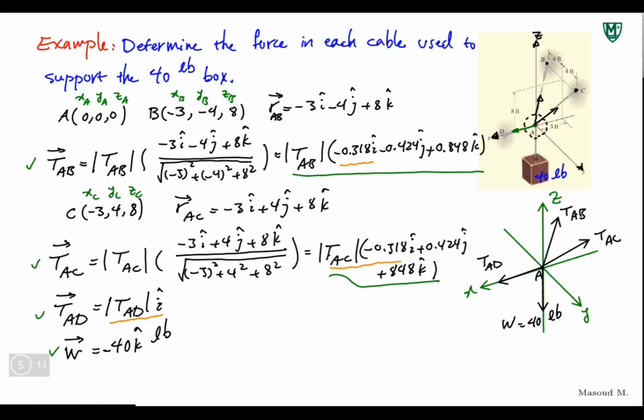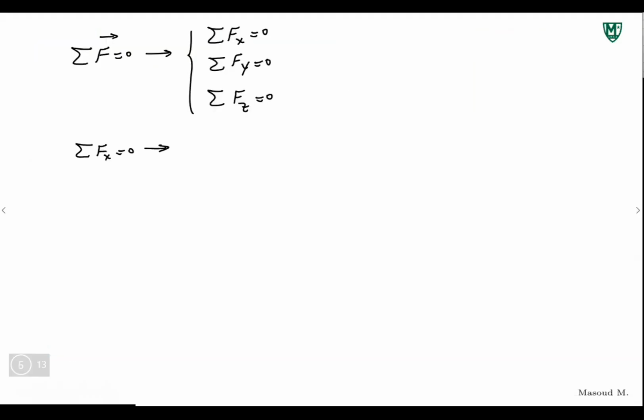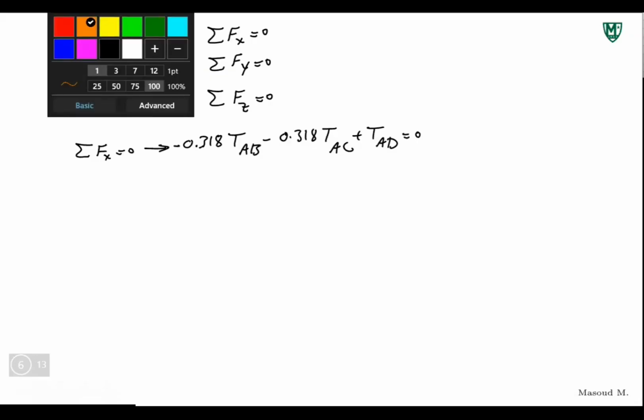Because I'm just writing the values in X direction. That's pretty much it. W is in K direction and doesn't come to this equation. So I'll get minus 0.318 TAB, minus 0.318 TAC plus TAD is equal to 0. This is equation 1.